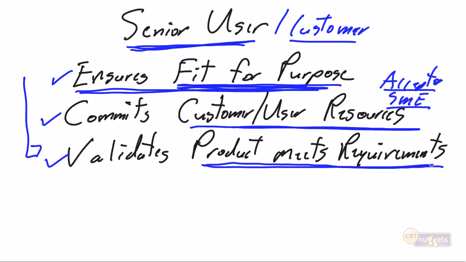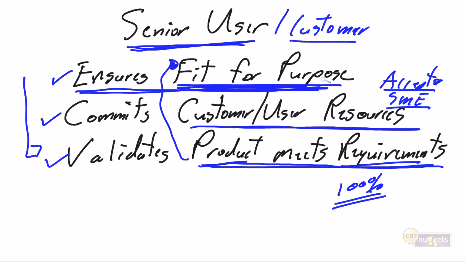But I specifically called out fit for purpose as different than product meets requirements. Now, I hope I would never get to this point in a project where my product absolutely meets 100% of the requirements. I did exactly everything I was required or expected to do, and I've completed every deliverable, and my project is a success. But for some bizarre reason, those results are not fit for purpose.